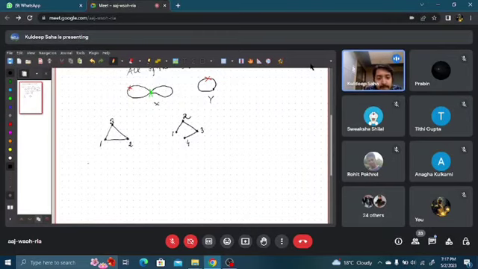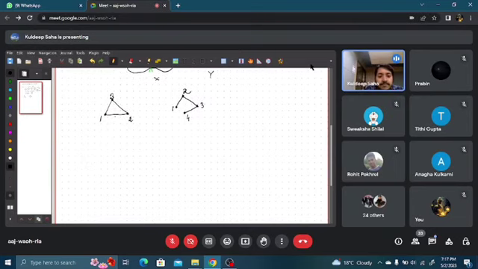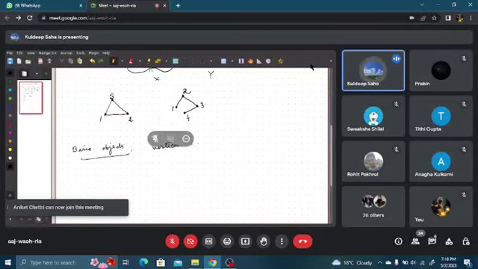For example, see that this object that I have drawn, I can reconstruct it by using some basic objects. So what are they? They are vertices and edges.